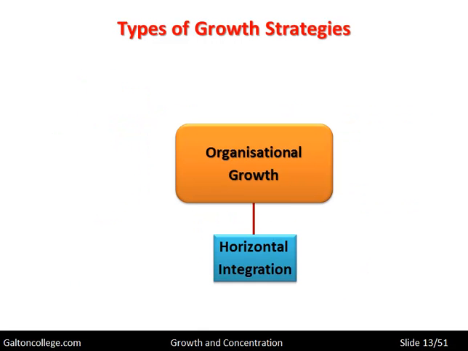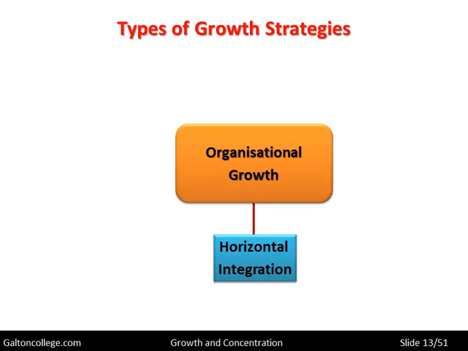So organizational growth, well, it could be horizontal. Now here we're classifying it by how far it is from the customer. Well, horizontal means it's in the same area. It's developing horizontally. So let's say if it has a shop on the high street selling clothing, then it might open a second shop selling just a different style of clothing.